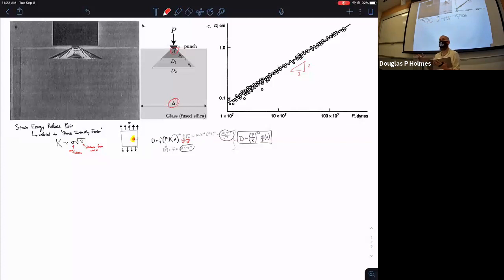If anyone's ever taken, I think this is usually covered in a fluid mechanics course, they talk about G.I. Taylor's scaling, predicting the amount of energy in an atomic bomb that has gone off. This blast has a blast radius, and that blast radius grows with time. And just by looking at the blast radius, Taylor was able to predict how much energy was in the atomic bomb.